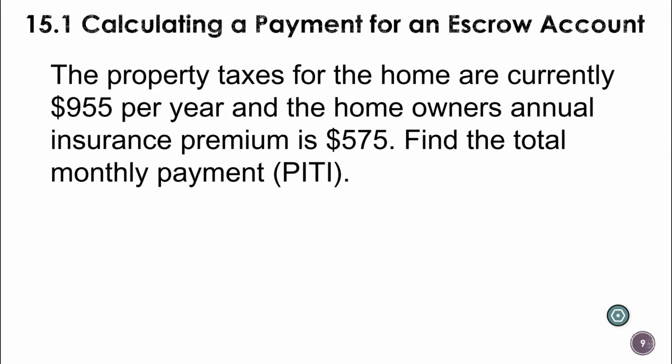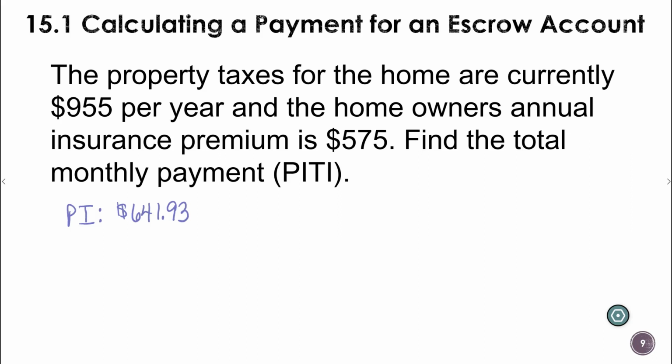Then we're going to use that on the next slide here. So we already know this much. We know that PI, the principal and interest portion of our payment, is $641.93. Okay, so we've got some information here.